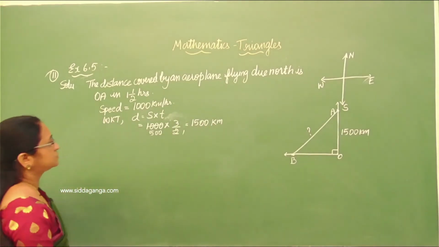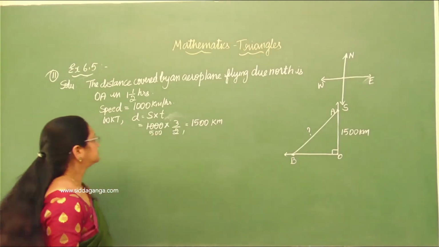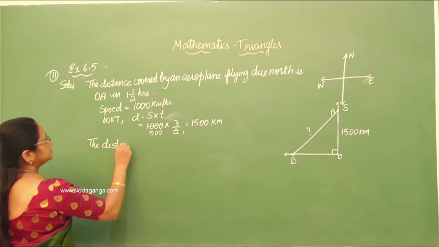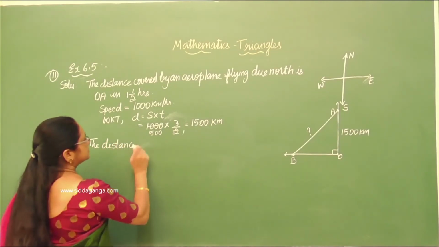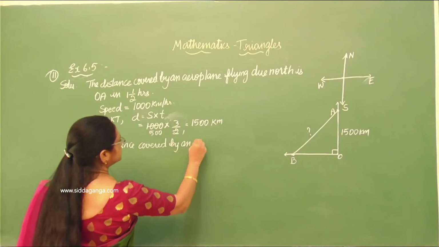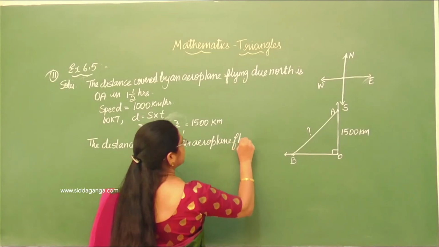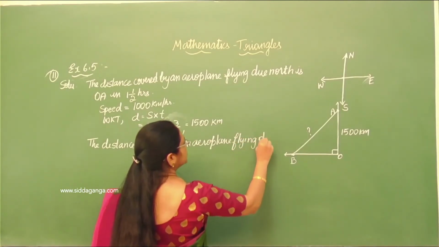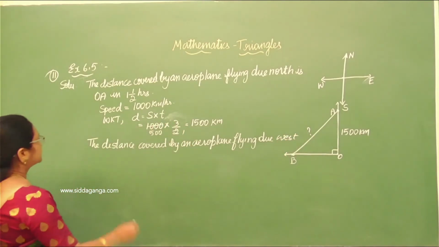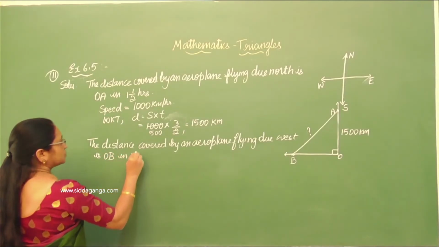Same way you find out the distance of the other plane which is flying towards the west. Now the distance covered by an aeroplane flying due west is OB in 1.5 hours, same time.